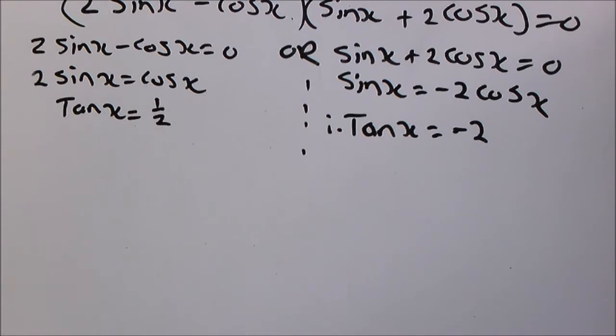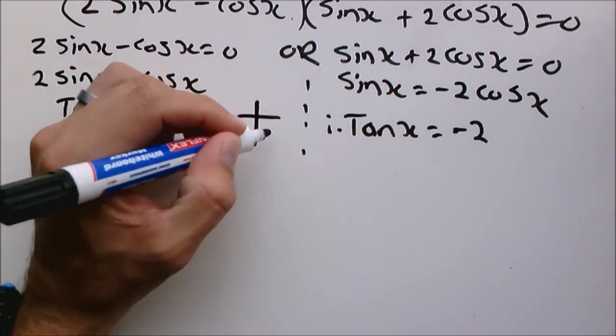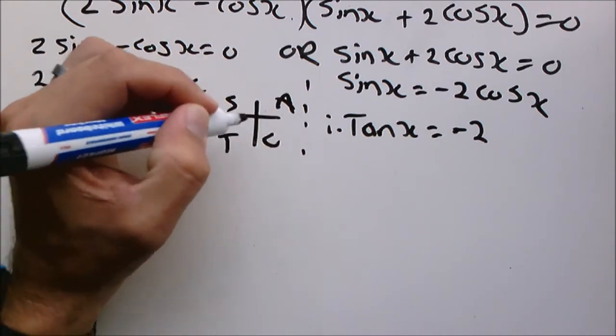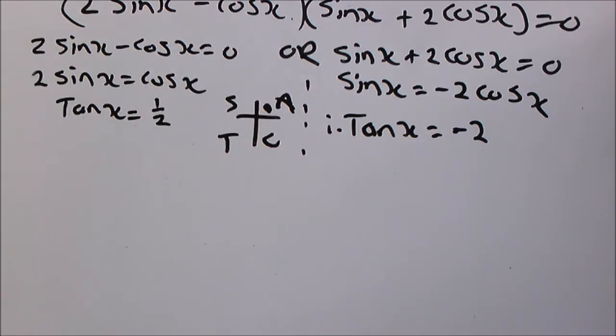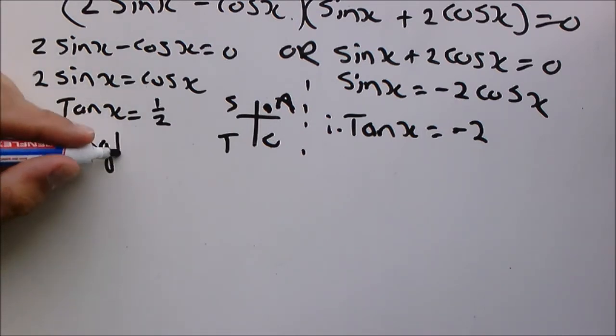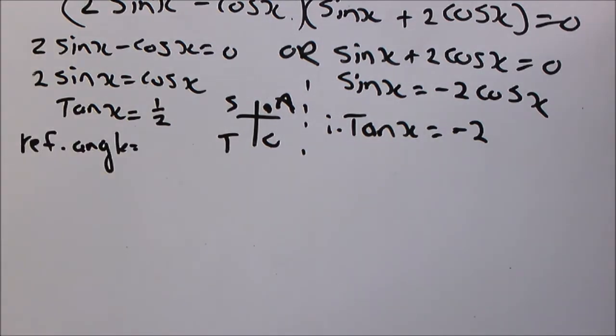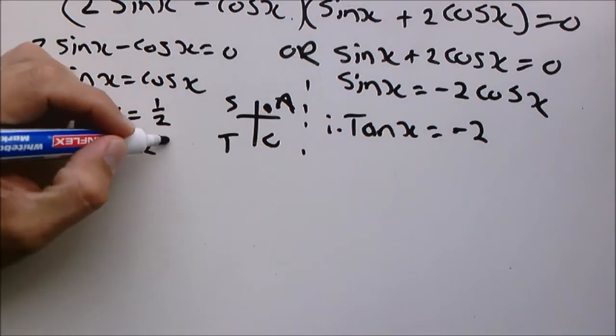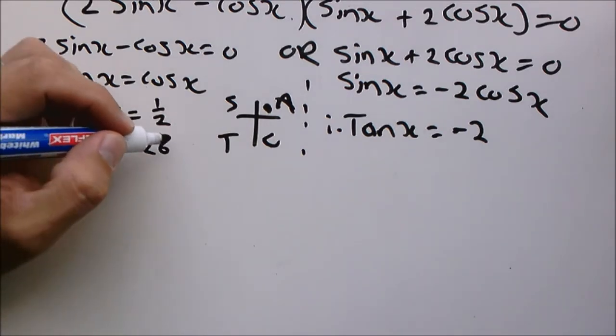Let's start with the left hand side one. It's positive. So our cast diagram is in the first quadrant, and we get our reference angle as 26,565, so it's 26,6 degrees.